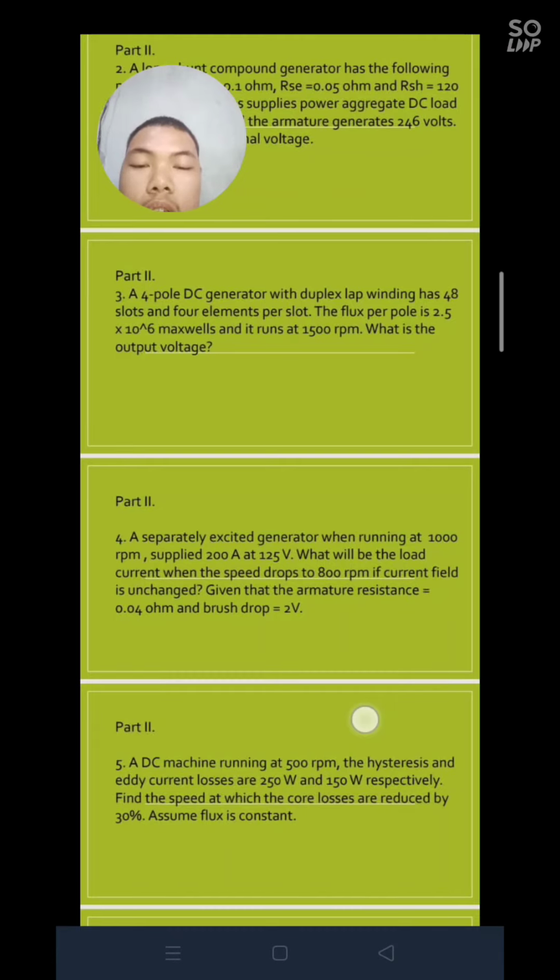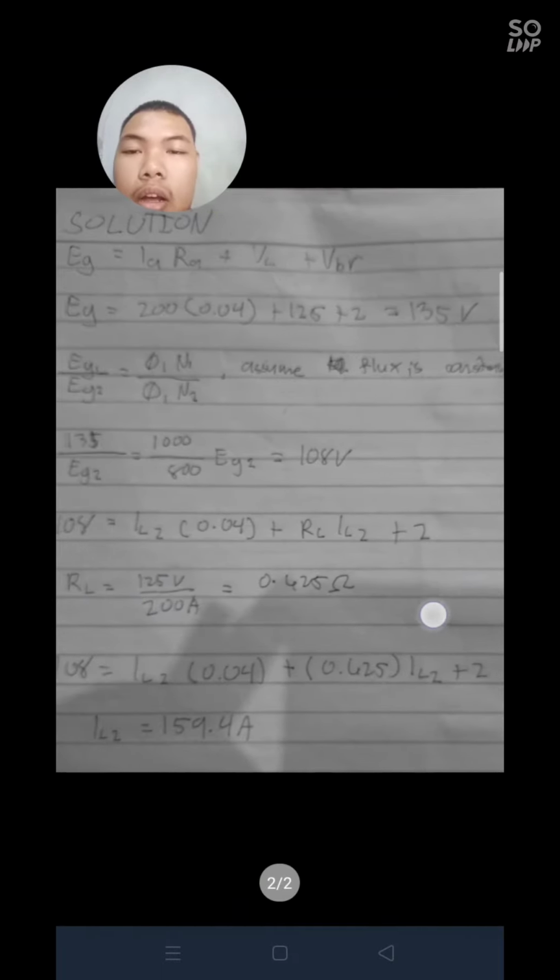Given that the armature resistance is 0.04 ohms and brush drop equals 2 volts, we have the formula EG equals IA times RA plus VL plus VBR. So EG equals 200 times 0.04 plus 125 plus 2. So Eg1 equals 135 volts.